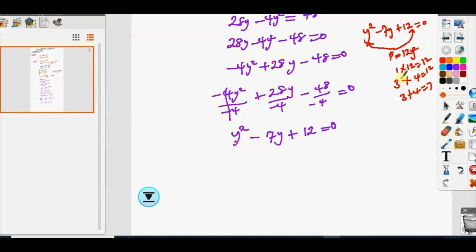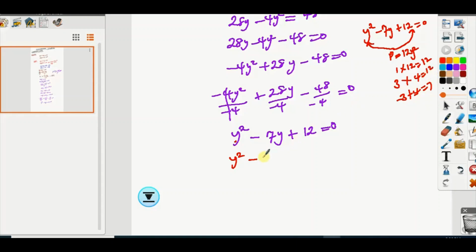So from here now, we replace 7 with 3 and 4, right? So you have your y squared minus, there is another thing you need to consider, the negative sign. If you have minus 3 and minus 4, when you add them together, it will become a negative sign, and when you multiply them together, it will become a positive sign, which is 12, right?